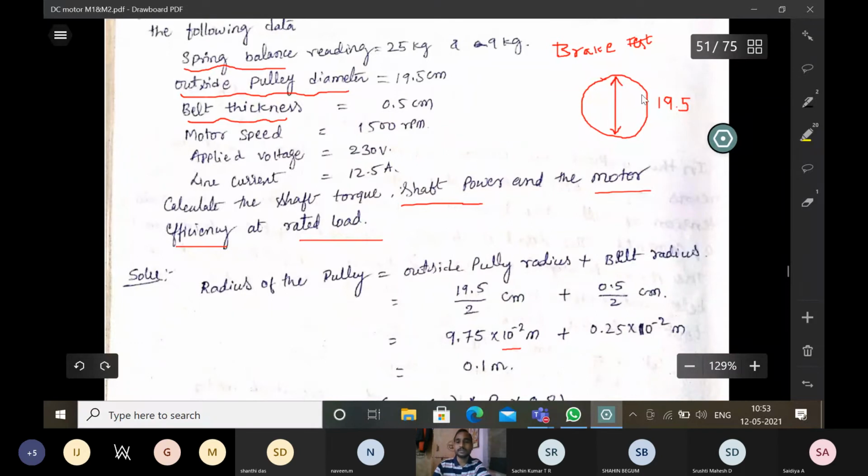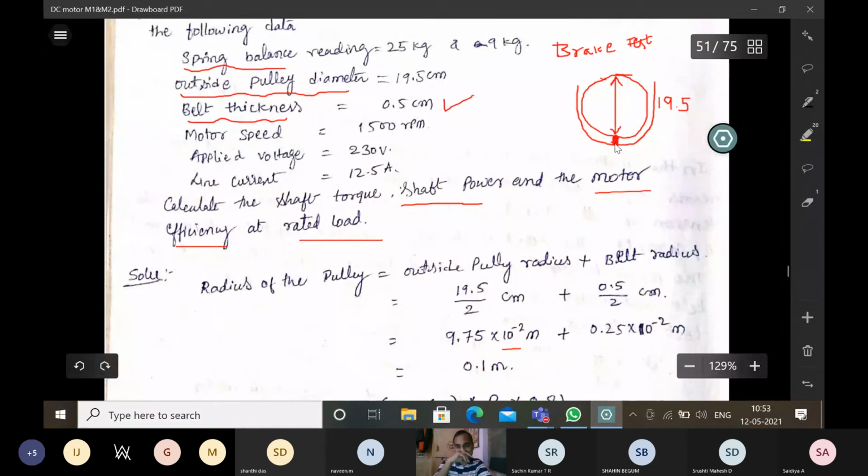Similarly for the belt, the belt thickness is given as 0.5 centimeter, so the diameter of the belt is 0.5 centimeter.